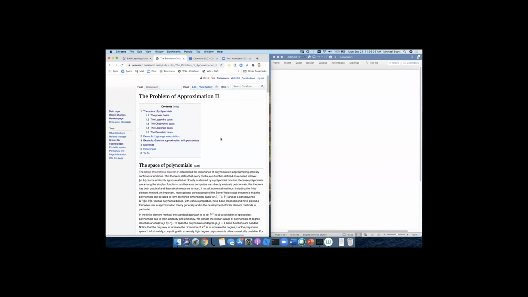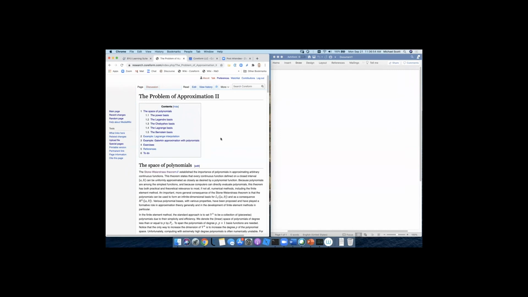Let's talk about other function spaces, in particular polynomial spaces, because those are dominant in numerical approximation. And there's a good historical and mathematical reason why polynomials dominate in the practical application of numerical methods.